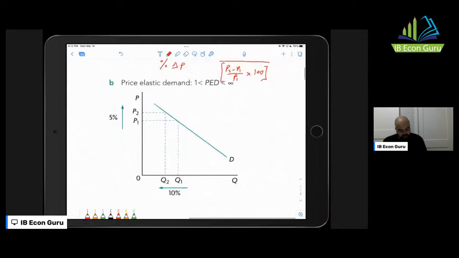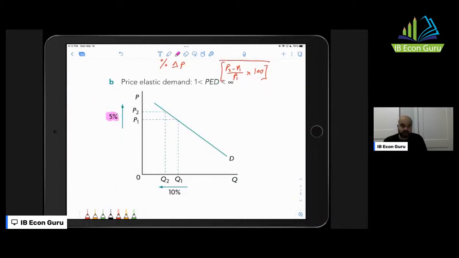While if you look here, for example, a 5% rise in price caused a more than proportionate fall in quantity demanded. The percentage change in quantity demanded was greater than the percentage change in price.